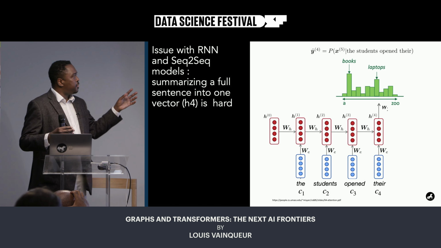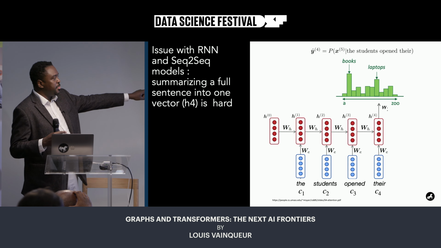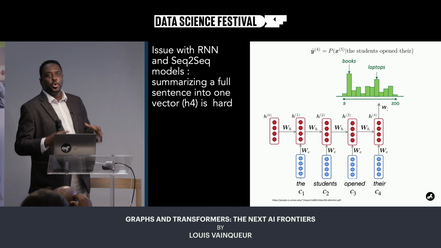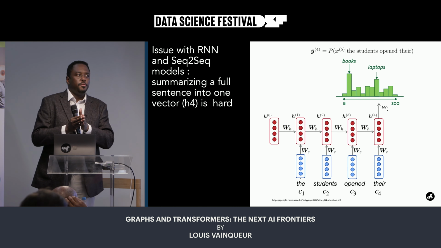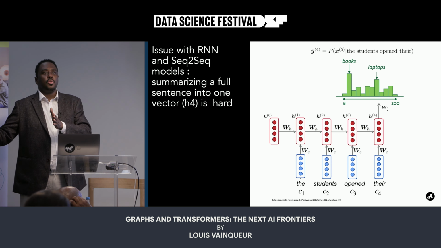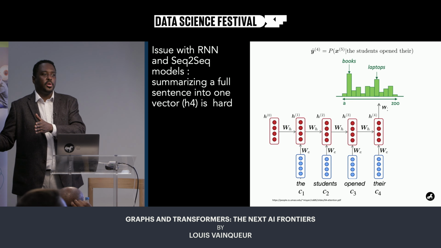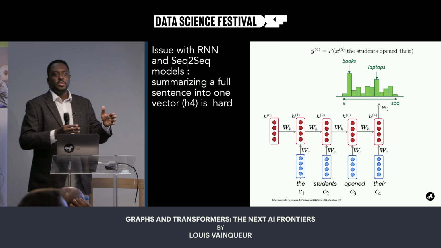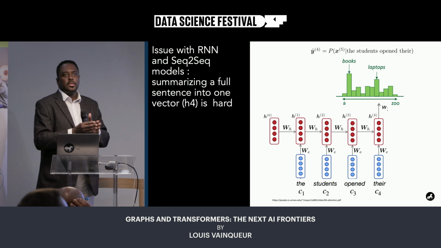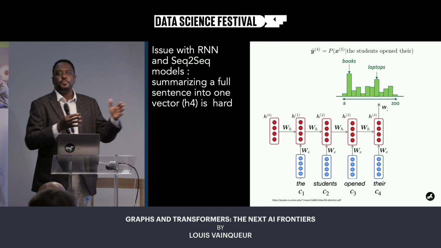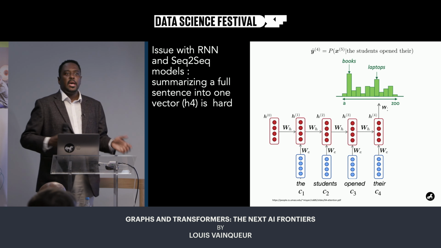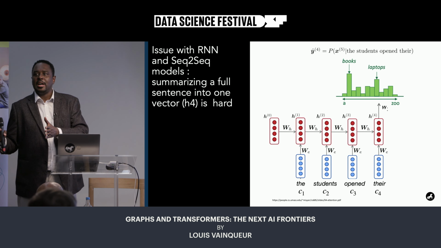Then with those vector representations, we would create a vector, and you would feed that vector to a second neural network, and that second neural network would try using this vector to translate it, for example, into English. And that's why they were called seq-to-seq. It's sequence-to-sequence, because you would feed a sequence to it, and you would expect a sequence at the other side.